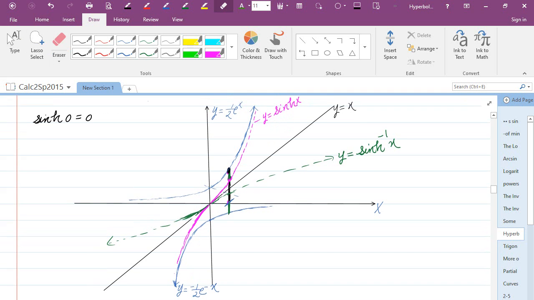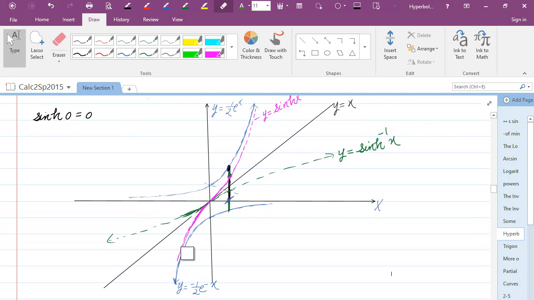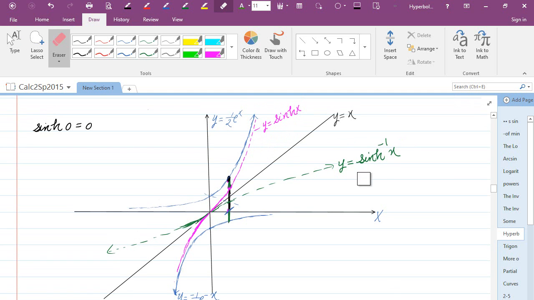Now this function hyperbolic sine of x is a one-to-one function. It's in fact an increasing function. So clearly it has an inverse function, and the graph of the inverse of the hyperbolic sine function is denoted by hyperbolic sine with the -1 superscript, evaluated at x.